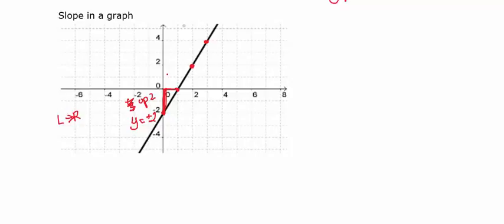And I went right 1, which means that the change in x is positive 1. So it's actually the change in y and the change in x. So I'm thinking that my slope is change in y, 2, over change in x, 1, or just 2.